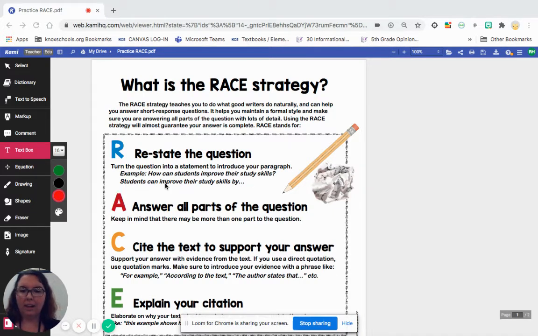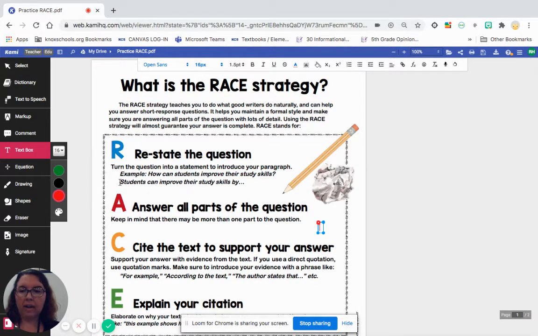The beginning of the sentence would be, students can improve their study skills by. Almost that whole part is already in the question, so use all those words and pull them into your answer.